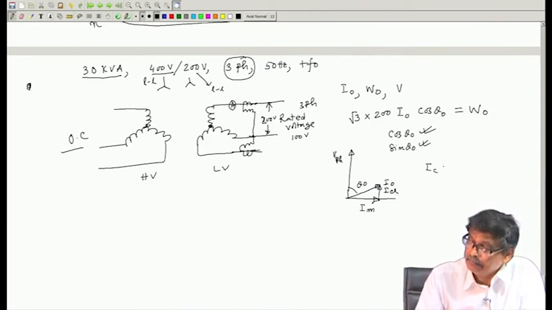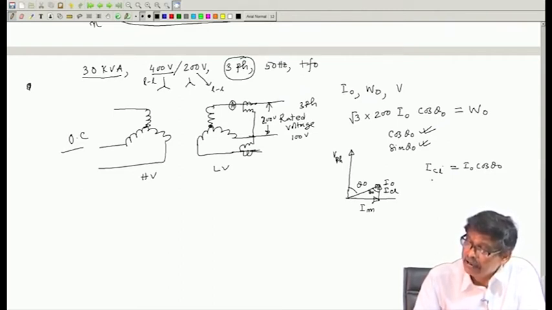ICL is equal to I naught cosine theta naught, and Im is I naught sin theta naught.